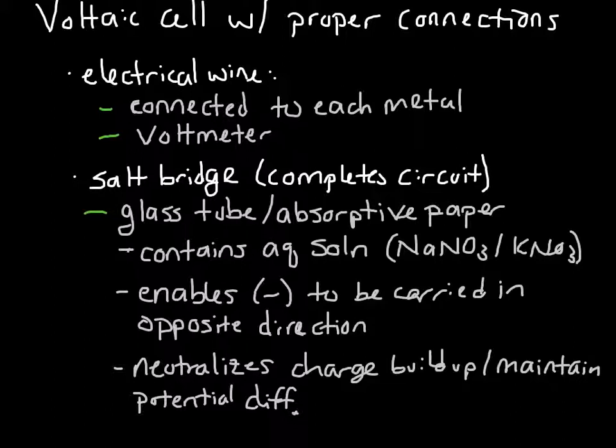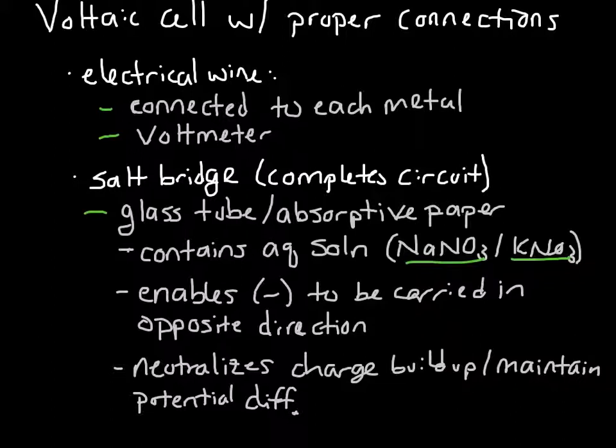So in this salt bridge, the paper has been soaked in an aqueous solution. Typically we use sodium nitrate or potassium nitrate because our alkali metals and our nitrates always stay in solution. They will not precipitate out no matter what you react them with.